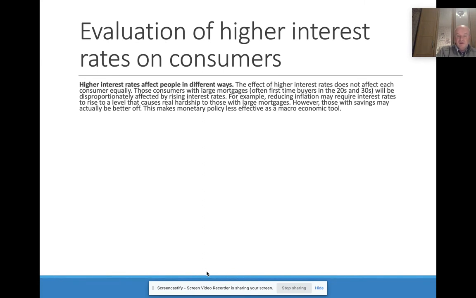If we're trying to reduce inflation, that might mean interest rates need to rise to a level that could cause some real hardship, because if your interest rate goes up on your mortgage, you're going to have significantly less money to spend on other things.